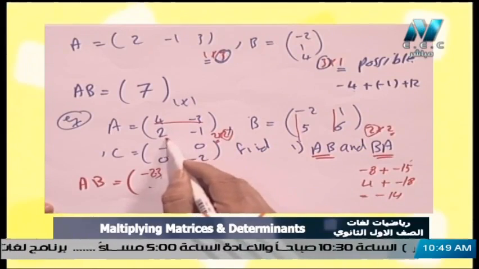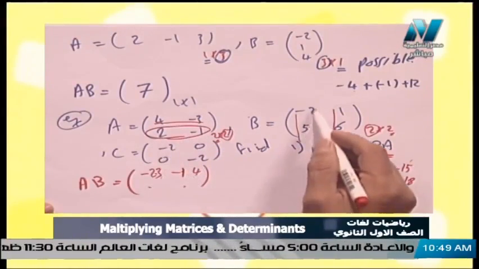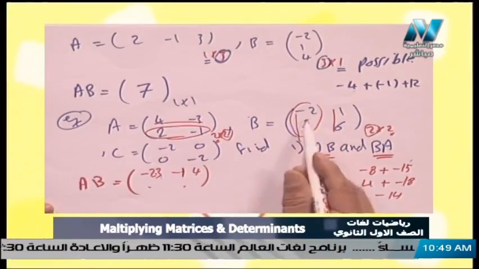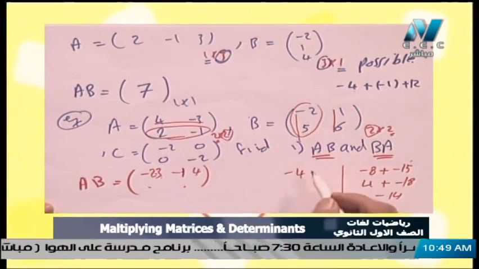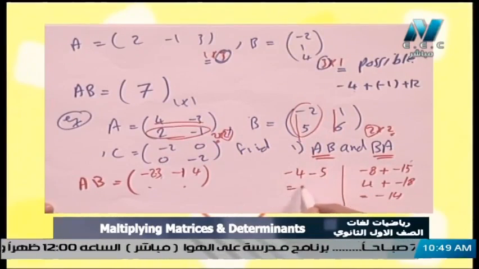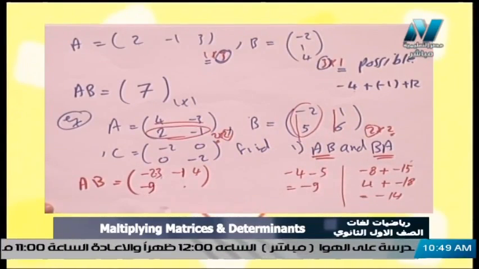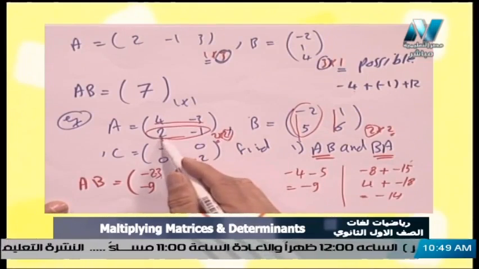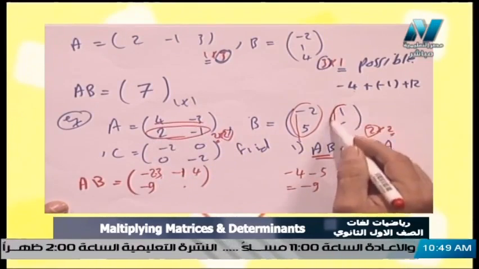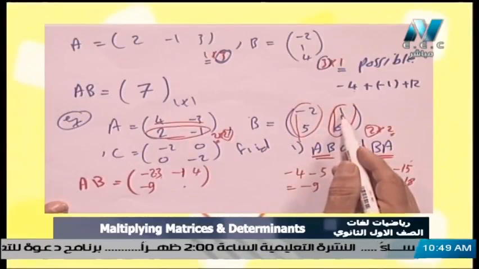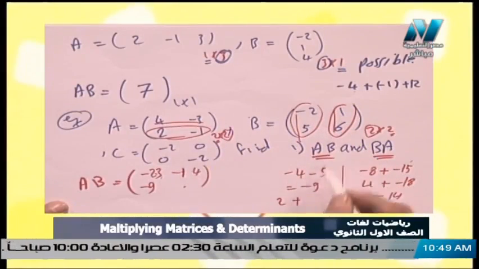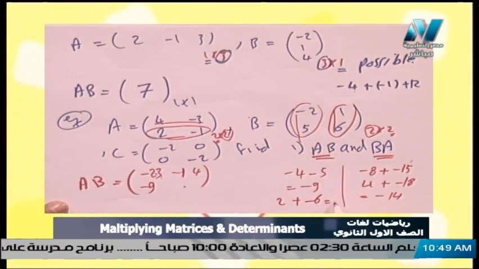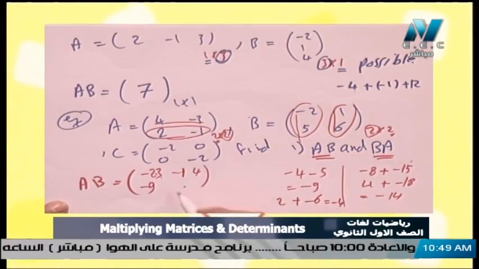And the second row by the first column, 2 times negative 2 equals negative 4. Negative 1 times 5 equal negative 5. So it will be negative 9. This row multiplies the second column. 2 times 1 equals 2, plus negative 1 times 6 equals negative 6. The answer will be negative 4.